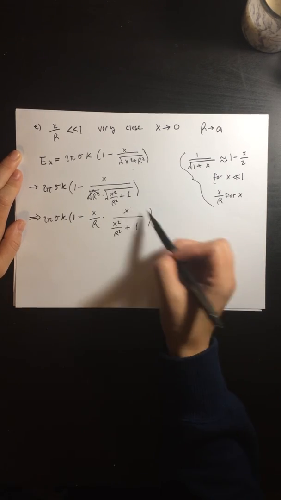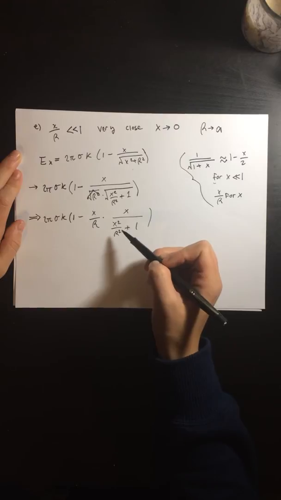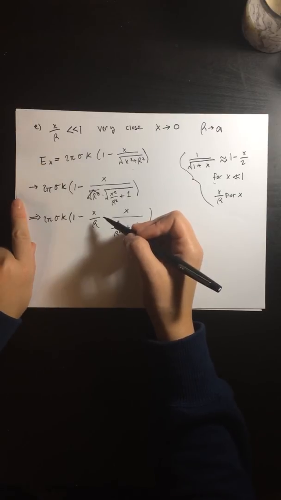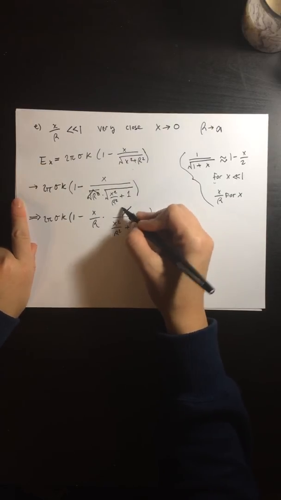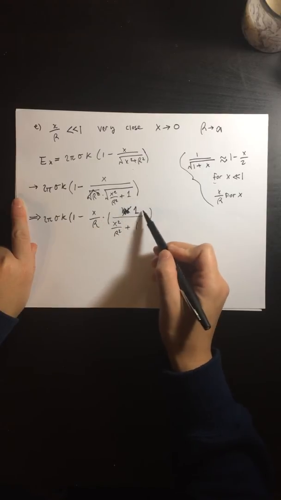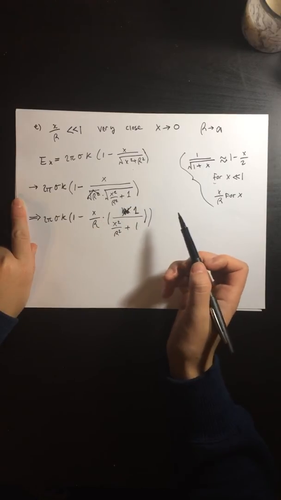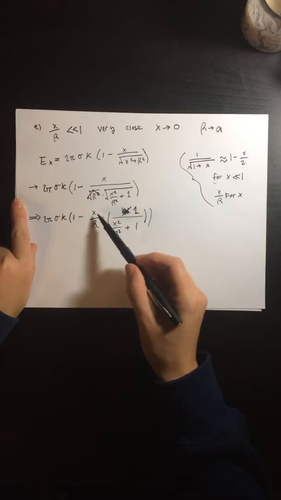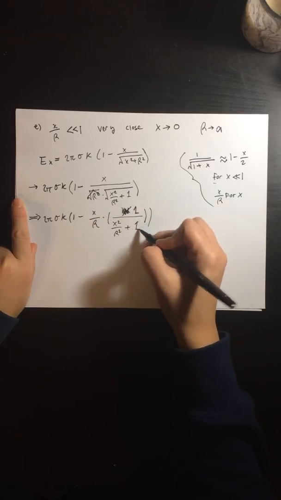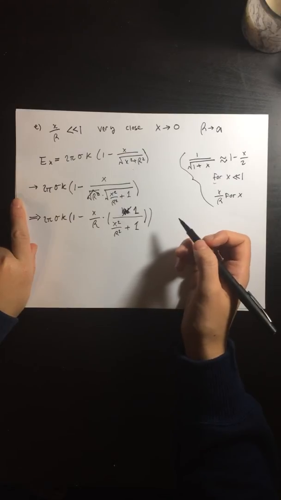So we pulled out an x from this whole formula, and then we got x over r times 1 over the square root of x squared over r squared plus 1. So that's how we did that.